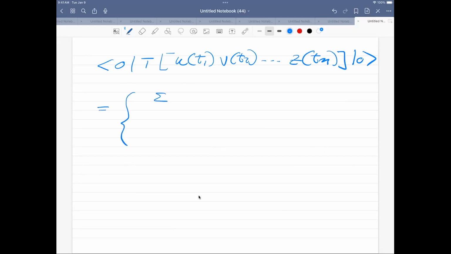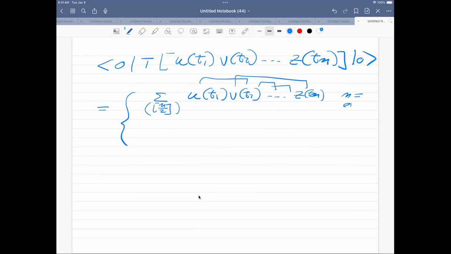So I will have a sum over all the possible contractions of all pairs of creation and annihilation operators. So I will have a U of T1, a V of T2, up to a Z of Tn. And we are taking all possible contractions here, just indicated by this, if N is even. And obviously this is 0 if N is an odd number.